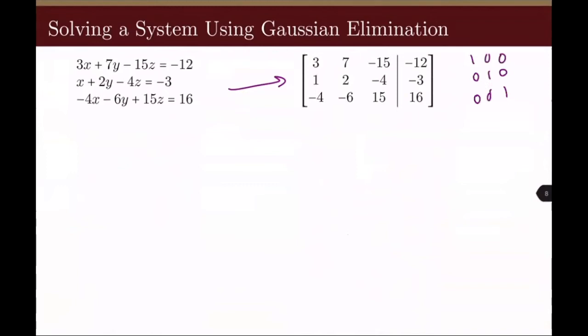So the first thing I'm going to do is switch row 1 and row 2, because row 2 has a 1 in it, and I want that to be up here, right? I want to match this. The top left, I want that to be a 1.